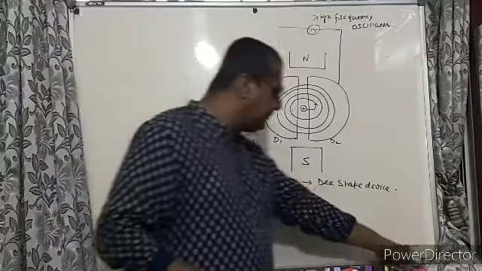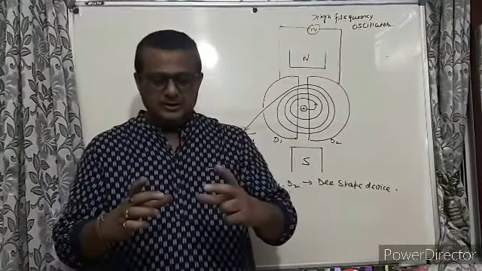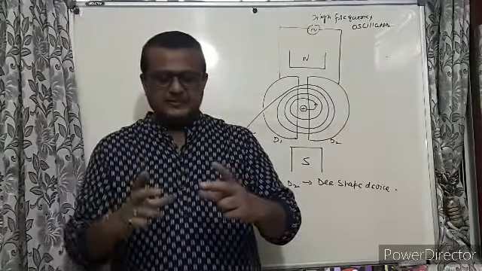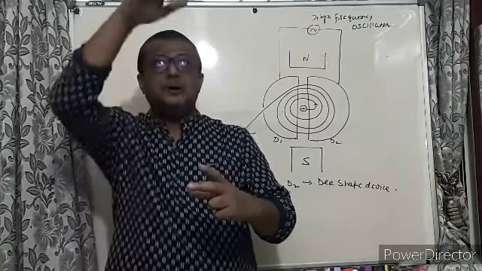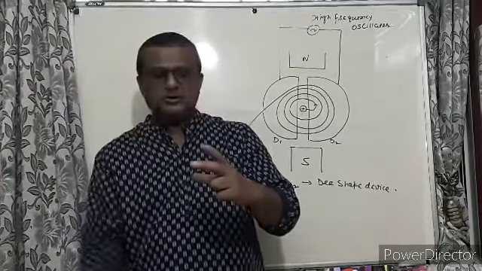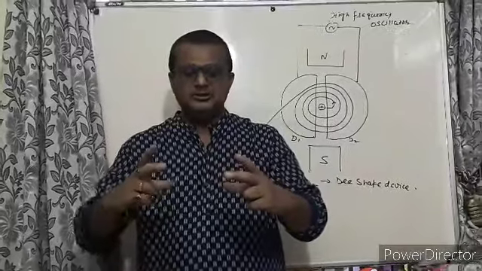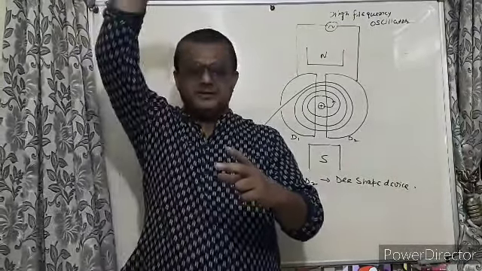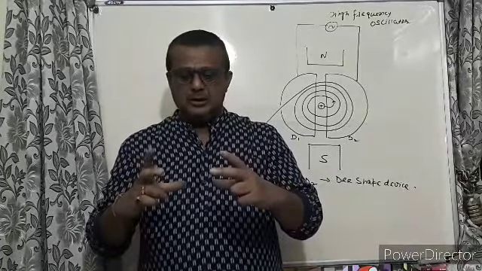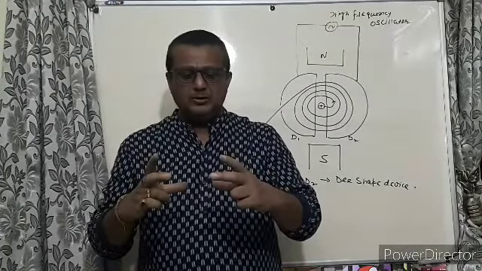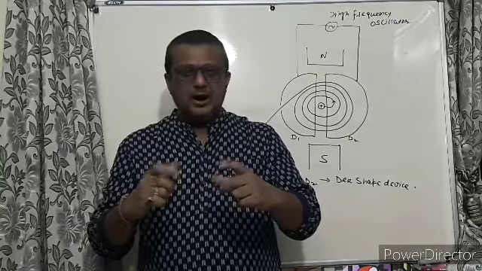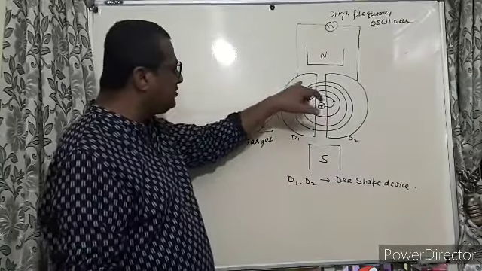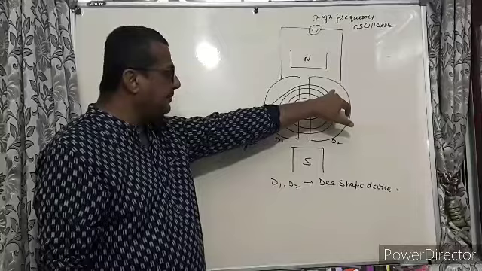Upper side is the north pole, lower side is the south pole. This is the high grade electromagnet. So the magnetic field is acting downward, and when the oscillator is switched on, one D will be positively charged and the other D will be negatively charged.